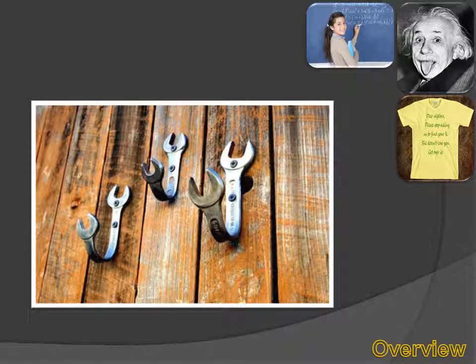And this person had too many wrenches and not enough hooks, so they used their wrenches to satisfy their need for hooks.